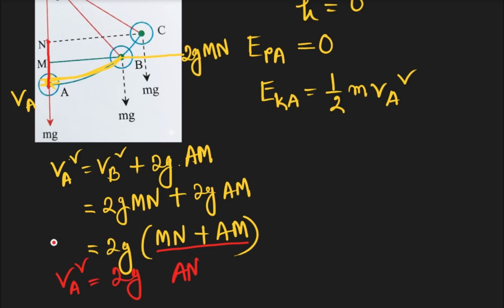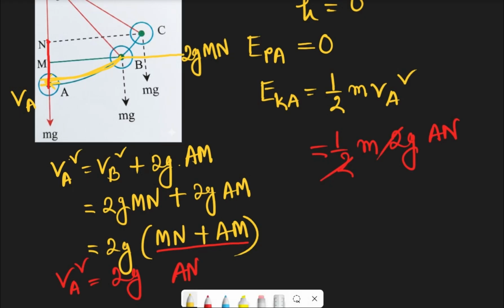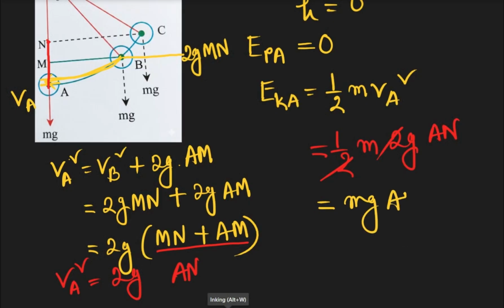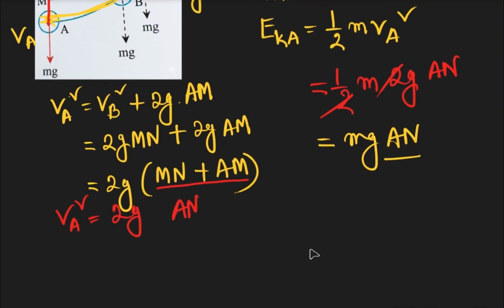Now we write half m, and VA square means 2g AN. So these two cancel out, and we get mg AN. So at every point, if we look back, we find the total energy is mg AN.